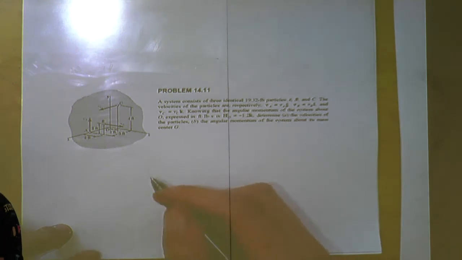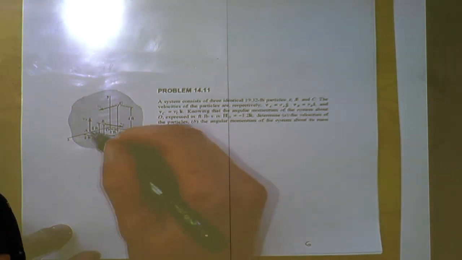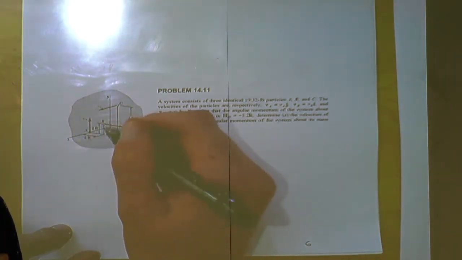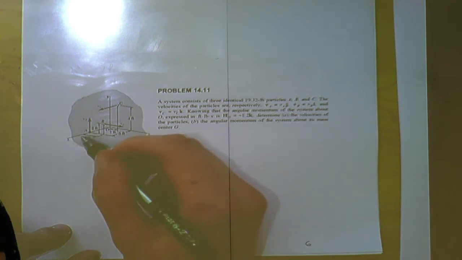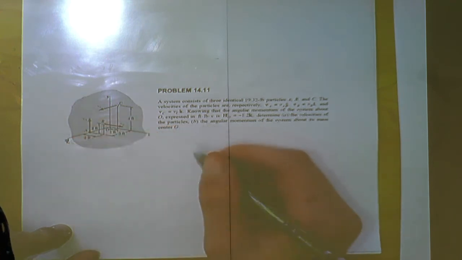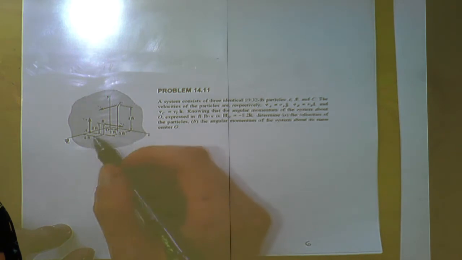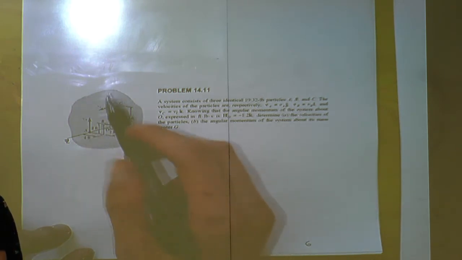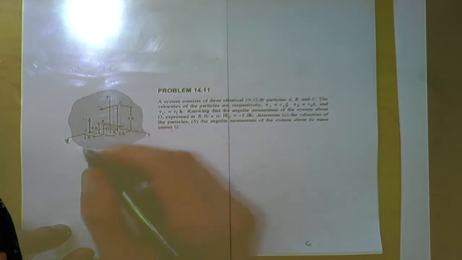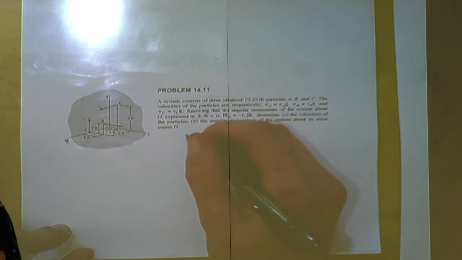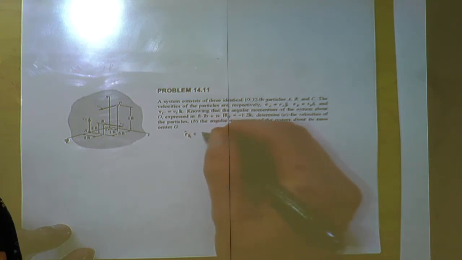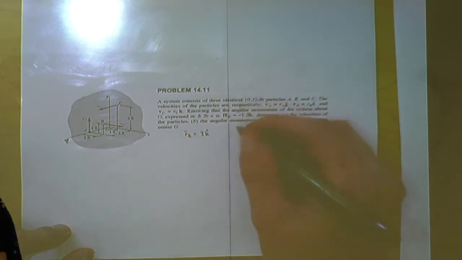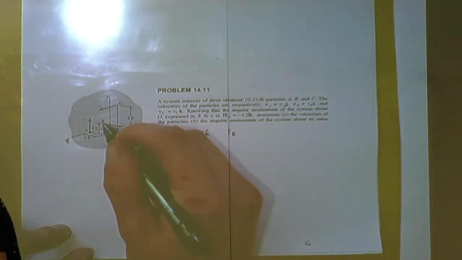but this A right here is on the z-axis. And it's going to be 3 feet from the x-axis, so the only position for it is going to be 3k. There's a B that's right here.